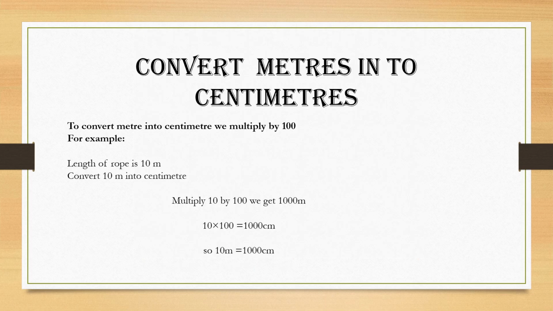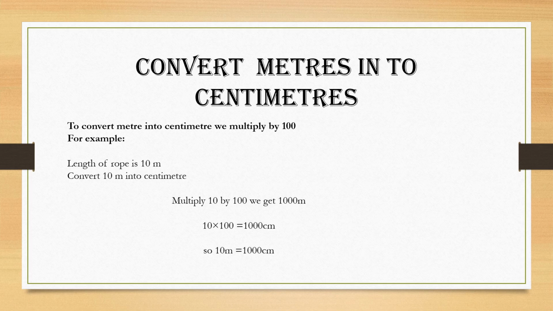Now we will do one more thing, that is conversion of meters into centimeters. Higher unit into smaller unit. When we convert higher unit into lower unit, we multiply it, and you know that 1 meter is equal to 100 centimeter. So to convert meters into centimeters, we will multiply by 100.